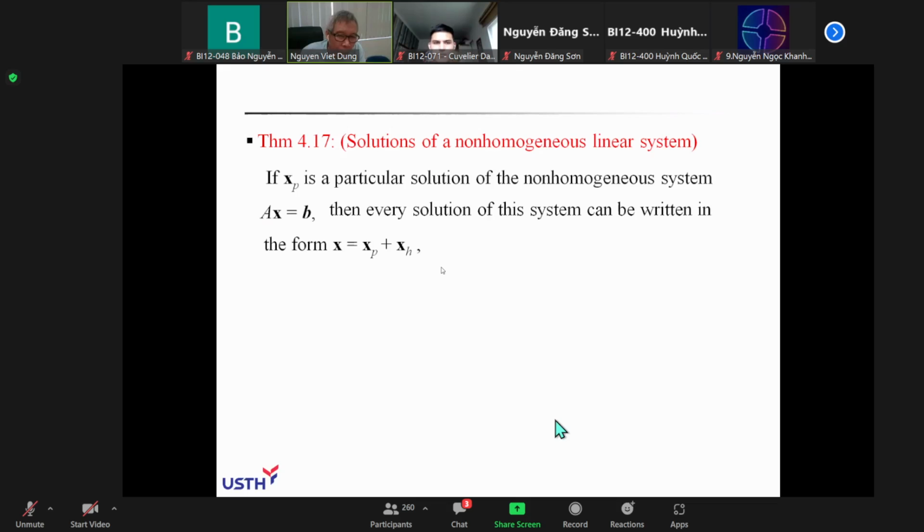So what is xh? xh is a solution of the homogeneous system of equations Ax equals 0. And that we already know how to solve. So we need to guess only one particular solution, and then we add it to xh and we get a solution. That is a way to solve a non-homogeneous system of linear equations.